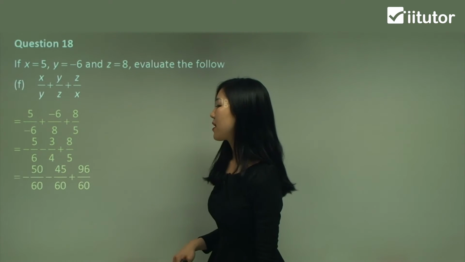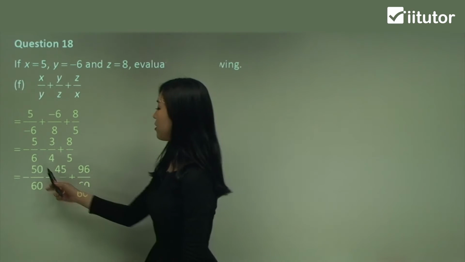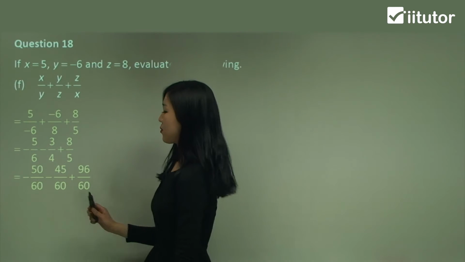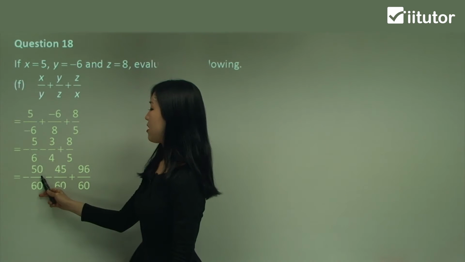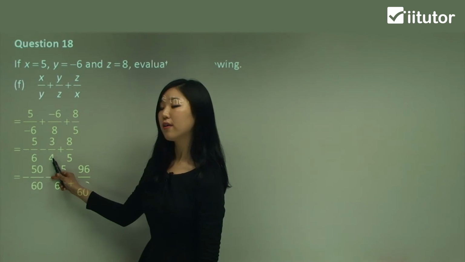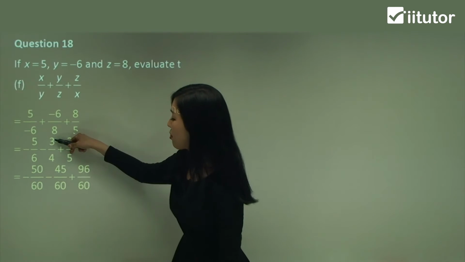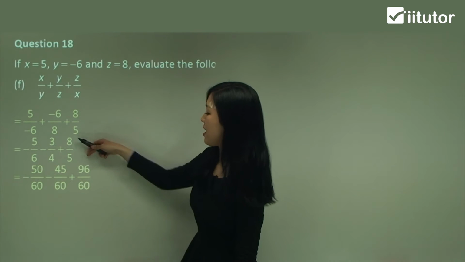And now, guys, make it into a single fraction, just to make the same denominator first of all. So the lowest common multiple of 6, 4, and 5 is 60, isn't it? So that's why I use 60. So here I times by 10. So 5 times 10 is 50. 4, what did I do? 60 divided by 4 is 15, we've multiplied that by 3 to get 45. 60 divided by 5 is 12, times 8, you get 96.